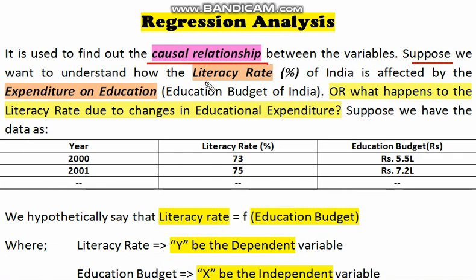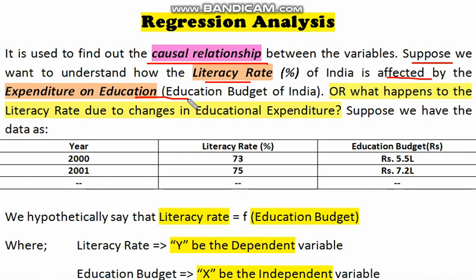So let's take an example: the literacy rate of India. We want to check how the literacy rate of India is being affected by the amount of money, or the education budget, that is spent yearly in India over so many years.